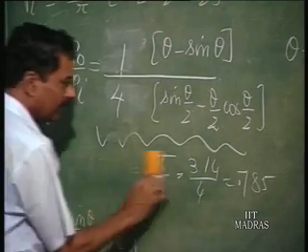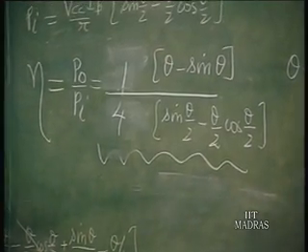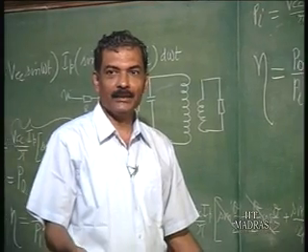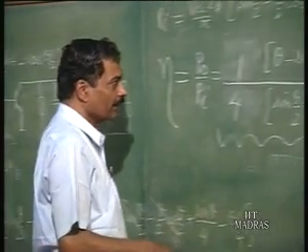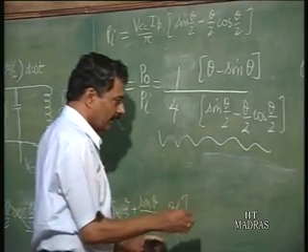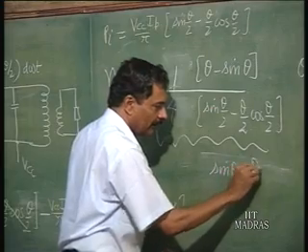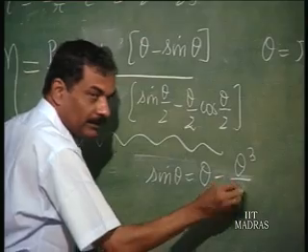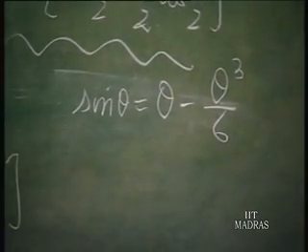Therefore, you can see that efficiency is going to be, let us see, higher than 78.5 for theta less than pi. Now, for theta very small, we can make approximations. For theta very small, sin theta is theta minus theta cubed divided by 3 factorial. Rest of the things you can ignore.